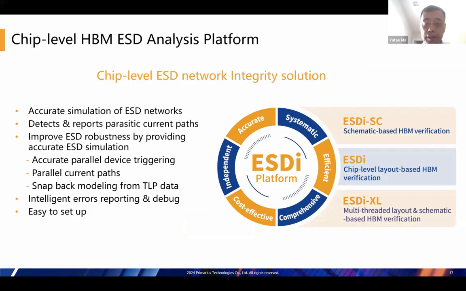We can either take the netlist or directly from the layout, extract the parasitics needed for ESD analysis, and do full chip ESD simulation and verification to make sure all the paths are included between each pin, and also the snapback behavior of the ESD devices is well modeled based on our tools, so that we can provide designers a reliable full chip ESD verification solution.